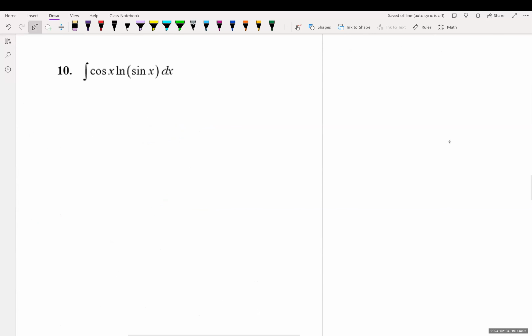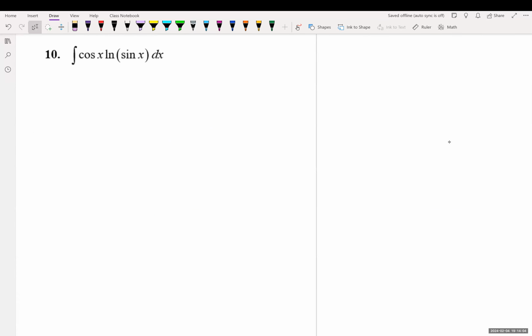Number 10, again, if we follow our mnemonic ILATE, we probably want to make u equal to ln of sine x, like that. That means dv is equal to cosine x dx.